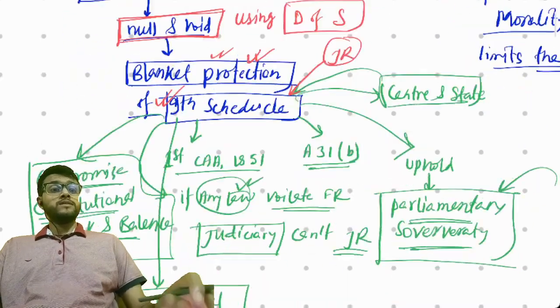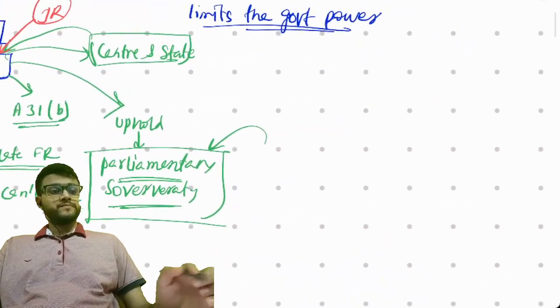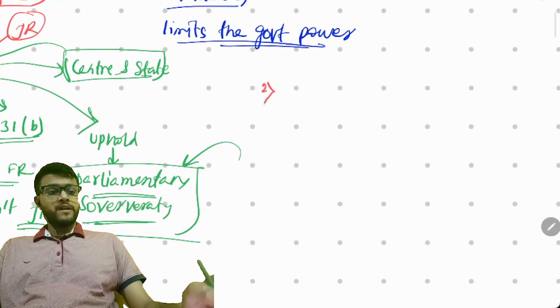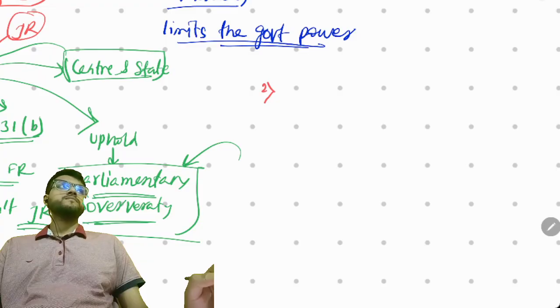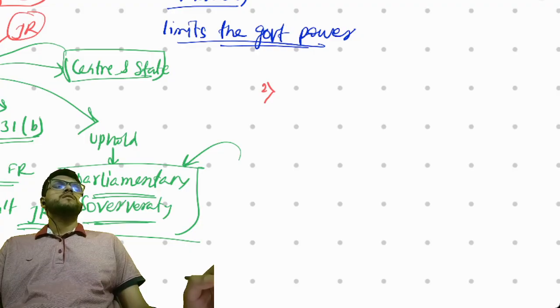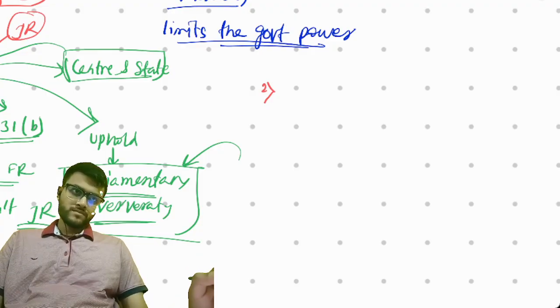Next, this is the one judgment, and the second judgment is Navjot Singh.